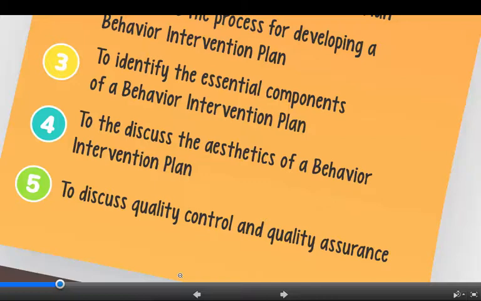Now, one of the things that's interesting in terms of your training as a registered behavior technician, we are really relying on you. We, meaning board-certified behavior analysts, are really relying on you as a member of our behavior analytic community.